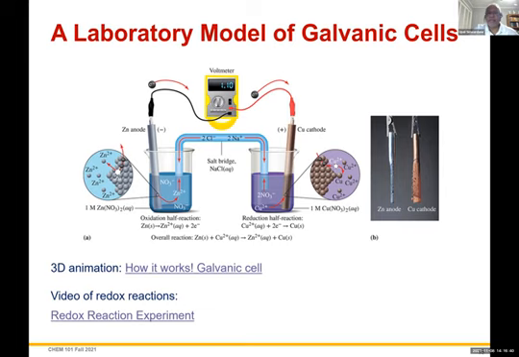The copper cathode is on the right. Normally, when you're writing a galvanic cell, we follow these conventions. The cathode is shown on the right. Copper is the cathode. Zinc is shown on the left side, the anode.